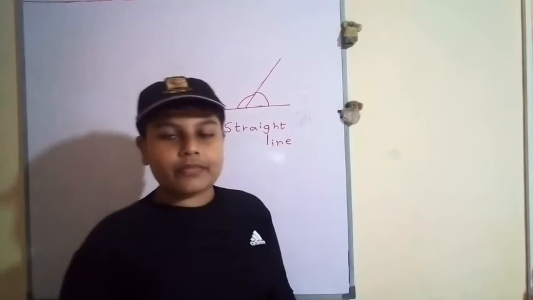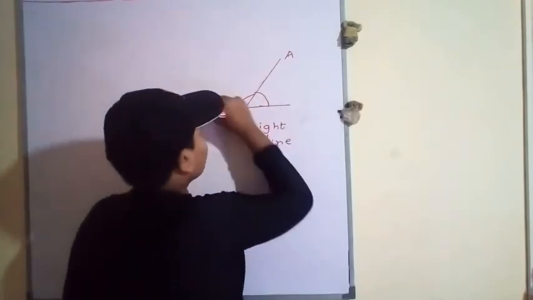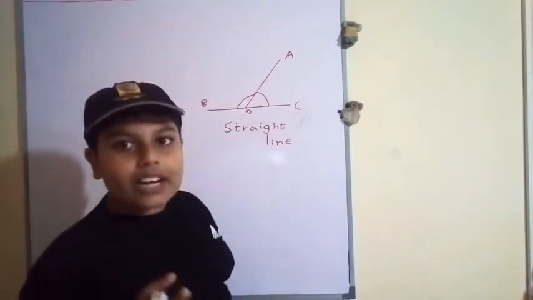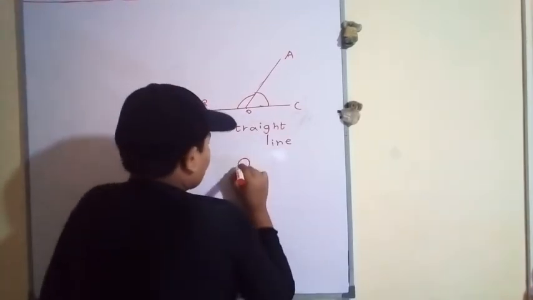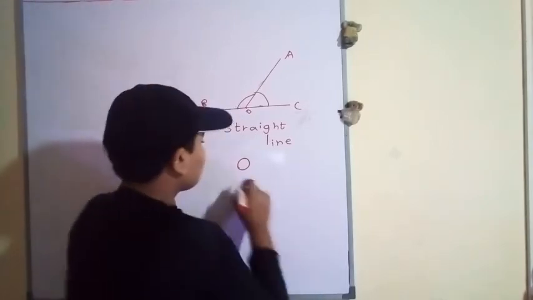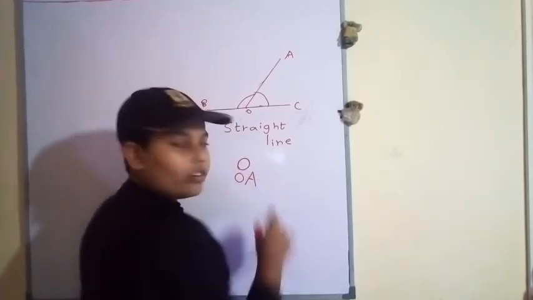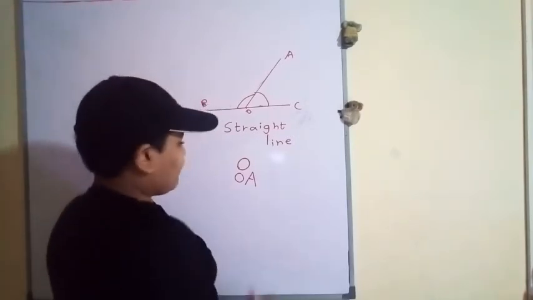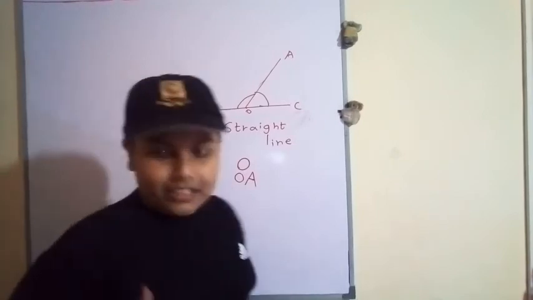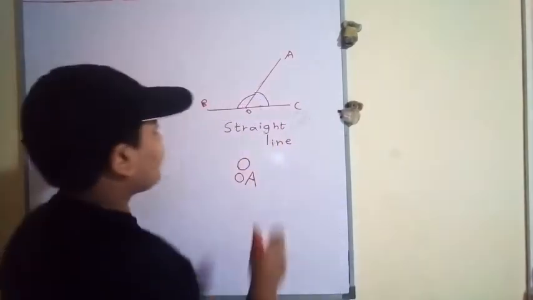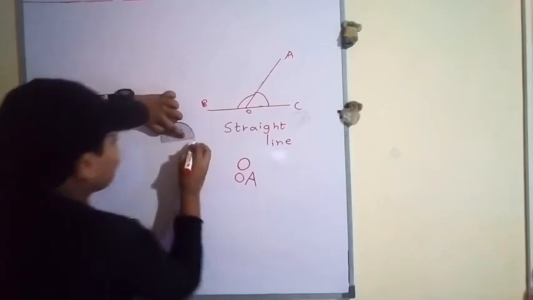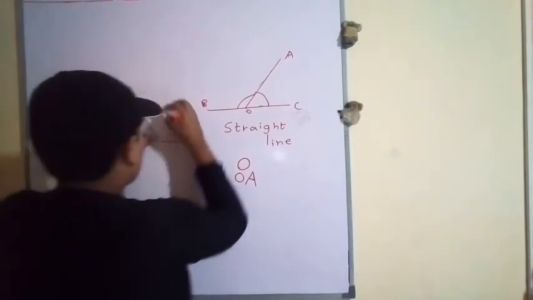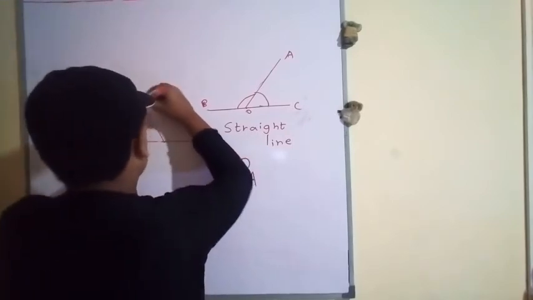Adjacent angles. I name this as A, B, C and O. What is the common vertex? O. Now what is the common arm? AO, or you can name it as OA, right? Adjacent angles on a straight line. You can get this line like this, or like this also.